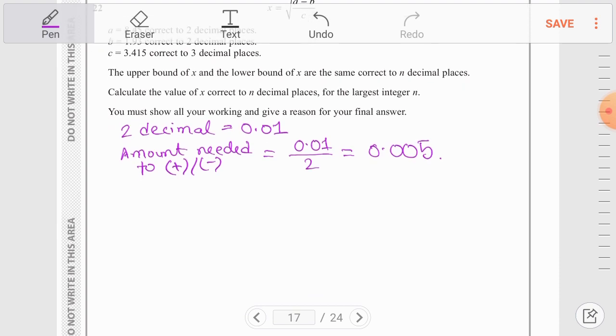And now we can find the upper bound value and lower bound value of a.